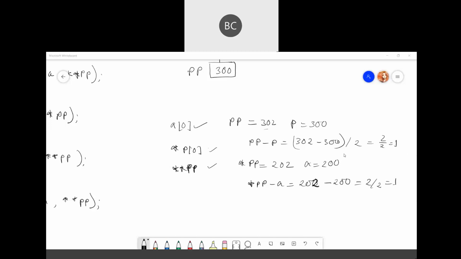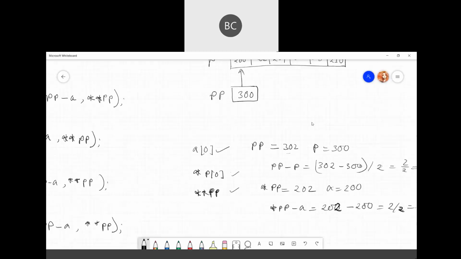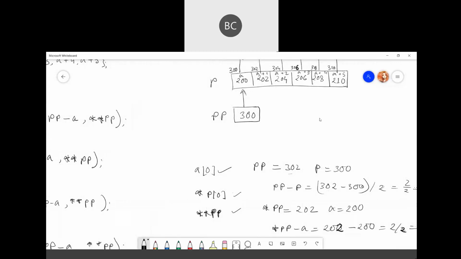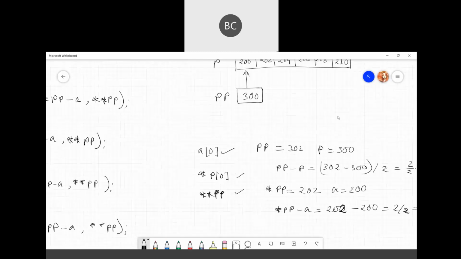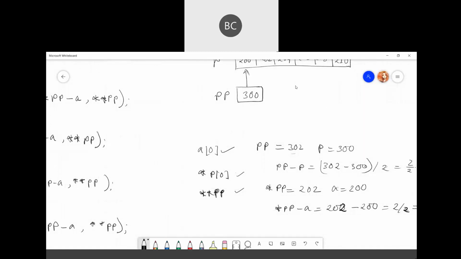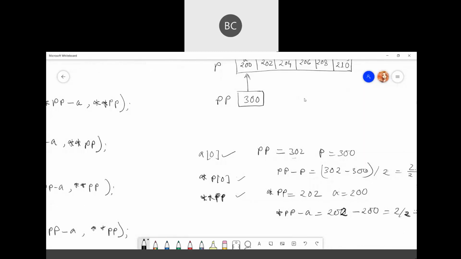So question, ma'am, PP minus P divided by 2? Because here I am taking only the values. You are not going to directly represent them, because we are mainly working with the address and the double pointer. Since we have taken the values 2, we also need to divide by 2. That will be the correct answer.